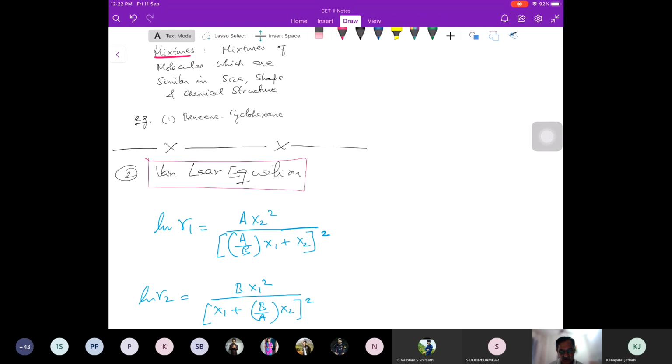Benzene, cyclohexane similar कैसे हो गया? Explain. What is benzene formula? C6H6.